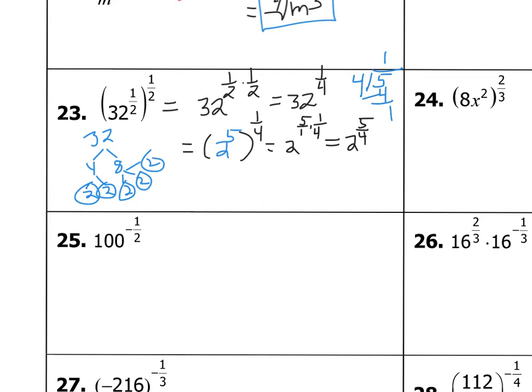So that means I'm going to have a 2 come out and a 2 remaining. So when I write my final answer, I have a 2 that's coming on the outside, and then I have my 4th root, and I have a 2 that's left on the inside.